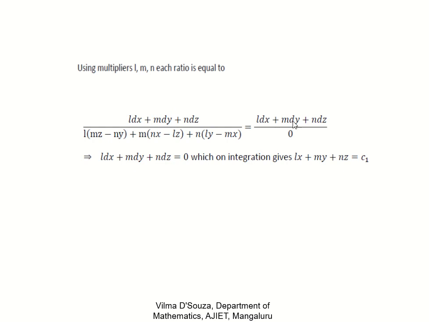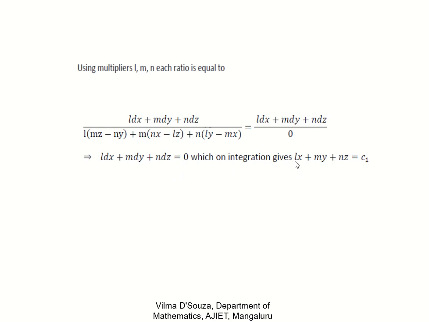So the numerator must be equal to 0. l dx plus m dy plus n dz is equal to 0, which on integration gives integrate l dx, lx, plus integration of m dy, my, plus integration of n dz, that is nz, is equal to C1.